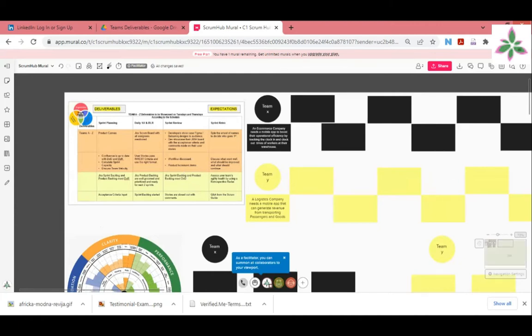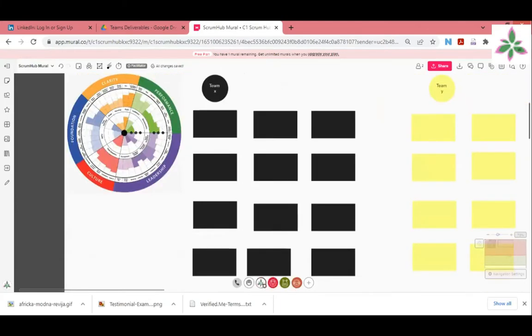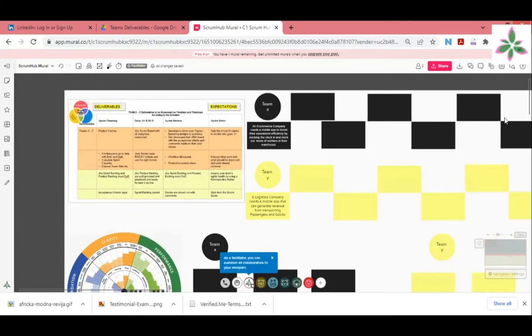We're also going to be using an agility health radar to judge them. The black boxes are for Team X feedback, and the yellow boxes are for Team Y. So having said all this, can we see my screen? Yes. Okay, thank you. I'll stop sharing now and hand the button over to Team X.